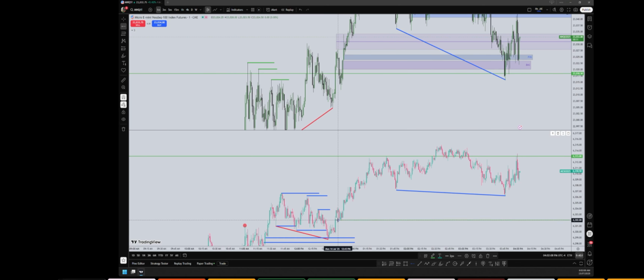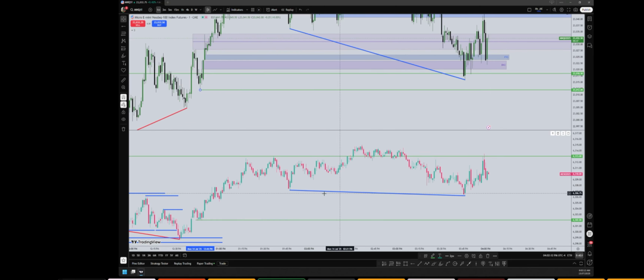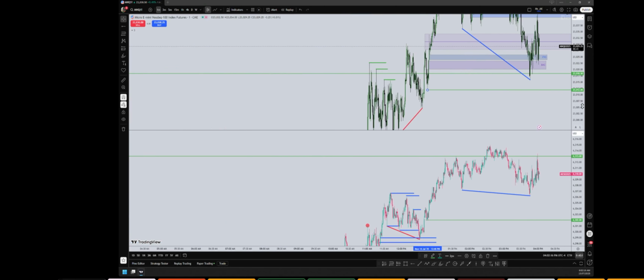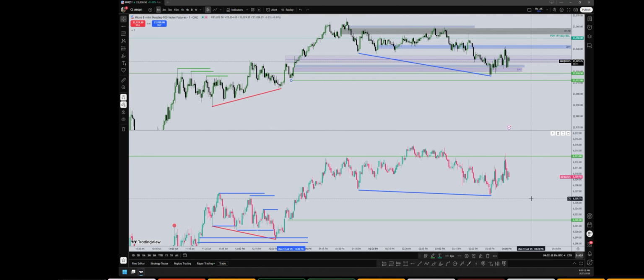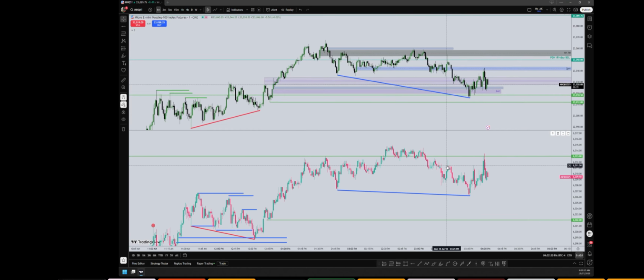So none of them actually took this low. No worries. I thought ES had taken that same low while NQ is failing, but no, it's still the same thing. So they can do a pullback until then.